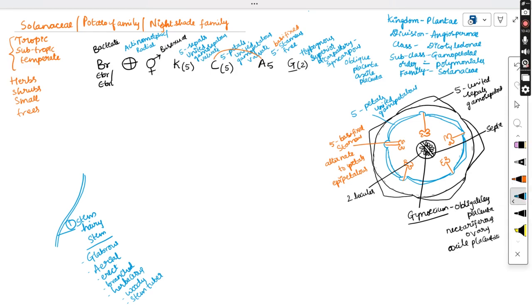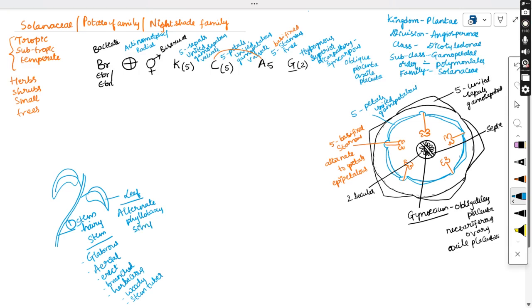And coming to the leaves, all the leaves show the alternate type of phyllotaxy, meaning one leaf is present at one node and another leaf is present at the next node. So each node will contain a single leaf. Phyllotaxy is the arrangement. They are alternately arranged on the stem.